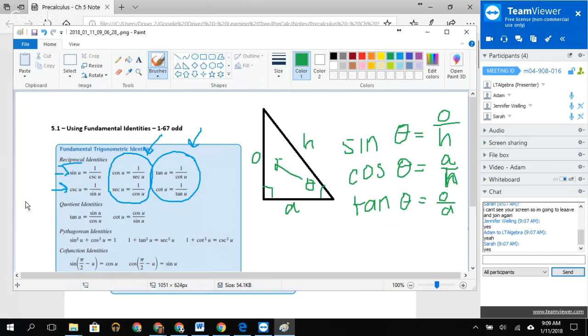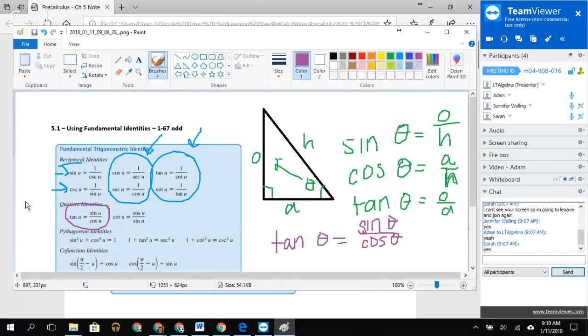We also have this relationship that we can derive really quickly, and that is that the tangent of an angle is equal to the ratio of the sine over the cosine. I think this makes sense if you do a quick derivation. The tangent of theta is equal to the sine of theta over the cosine of theta.